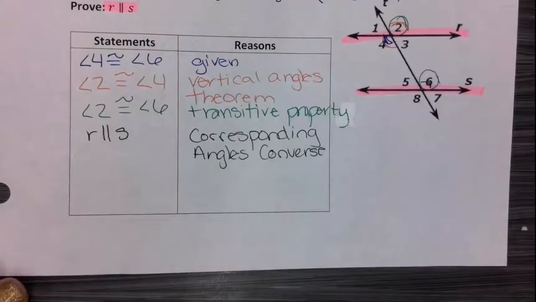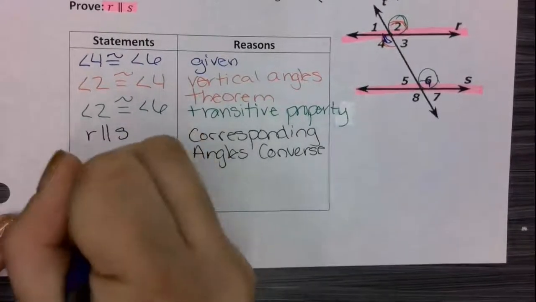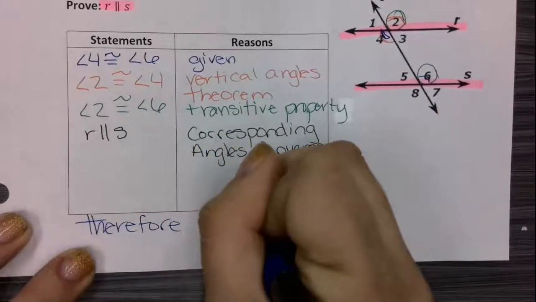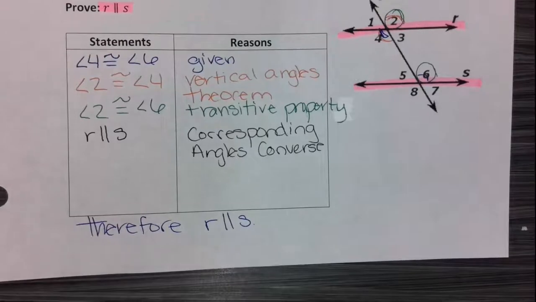And then I end my proof with, therefore R is parallel to S. Can I move on to the back or not yet?